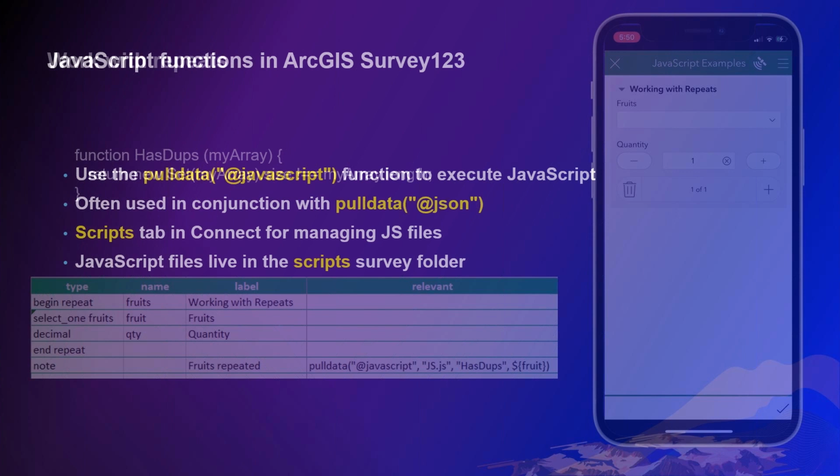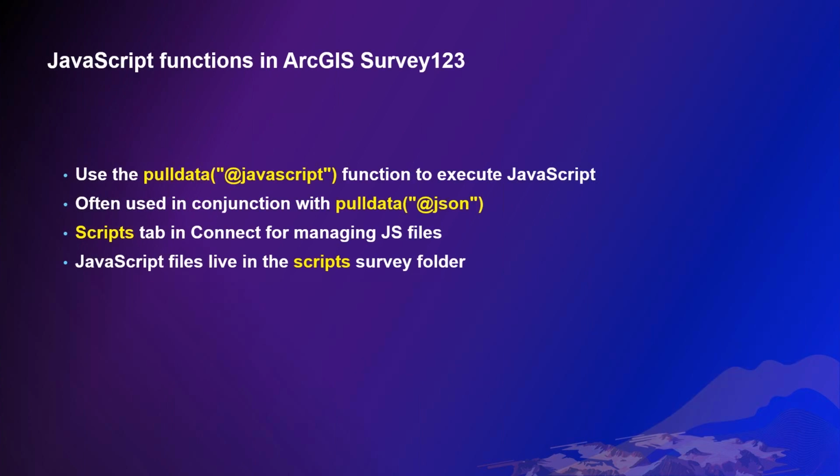From a mechanical perspective, to invoke your own JavaScript function, you use the pulldata function. Right? You say pulldata. You might be familiar with pulldata. We typically use it to extract values from a CSV file. Right? In this case, we are using pulldata to run a JavaScript function.